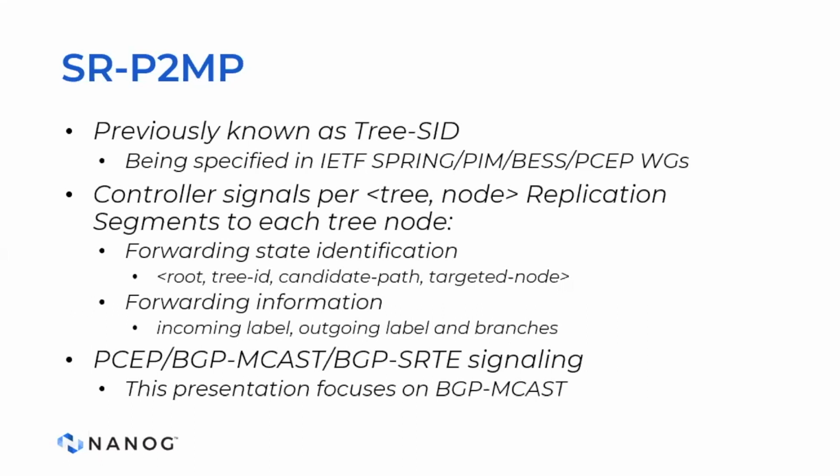The forwarding information includes an incoming label or incoming SID, and a bunch of outgoing labels or outgoing SIDs to replicate traffic to. From the controllers to the tree nodes, the signaling could be done by PCEP, by BGP multicast, or BGP SR-TE signaling. And in this presentation, we are going to focus on BGP multicast.